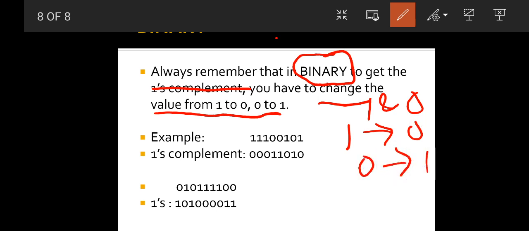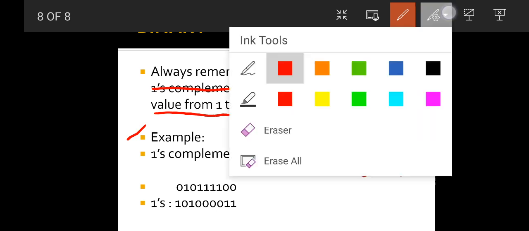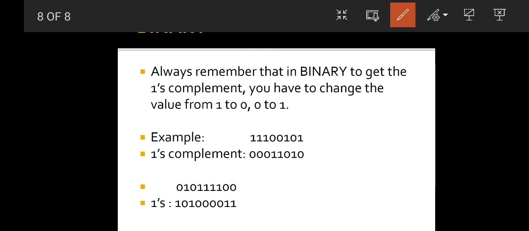Let's just have an example. Your first example is 111 00101. Again, the formula for your ones complement is you have to change the value 1 to 0, 0 to 1.